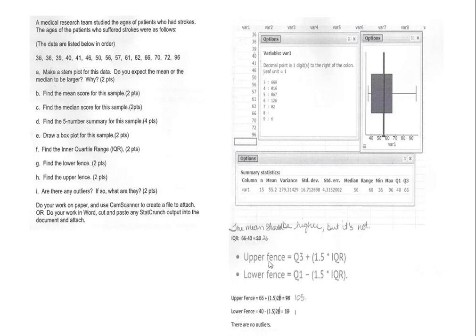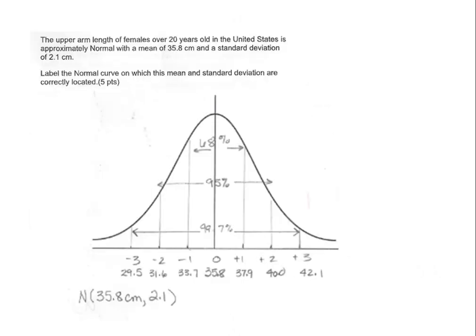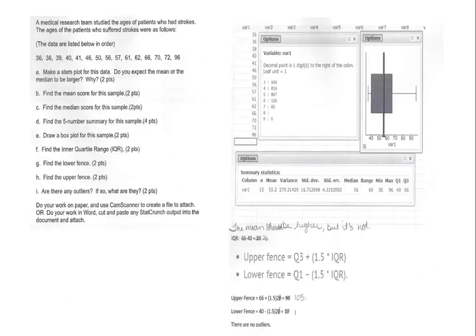When we do the upper fence and lower fence, we're adding 1.5 interquartile range above the upper quartile or below the lower quartile. And so my upper fence should be 105, my lower fence should be 1. And since we don't have any data that's above that, there are no outliers.